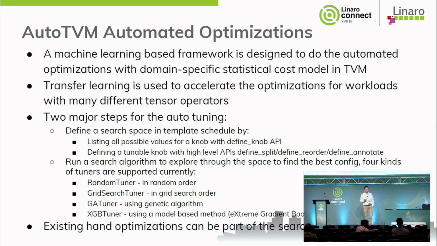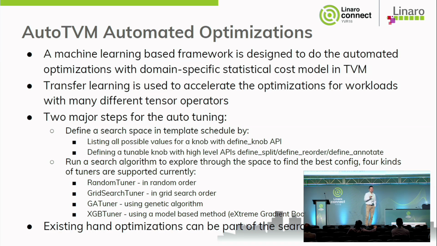So the TVM community introduced an automatic way to do the optimizations, which can reduce a lot of tedious work for developers. A machine learning-based framework is designed to do the automated optimization with a domain-specific cost model. And transfer learning can be used to accelerate optimization for great workloads with a lot of tensor operators.